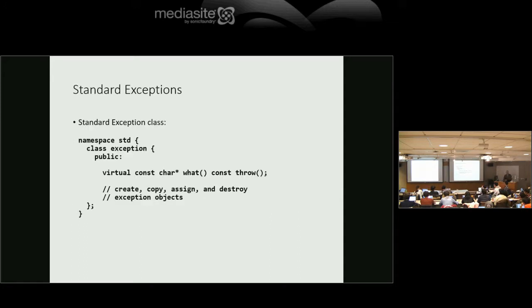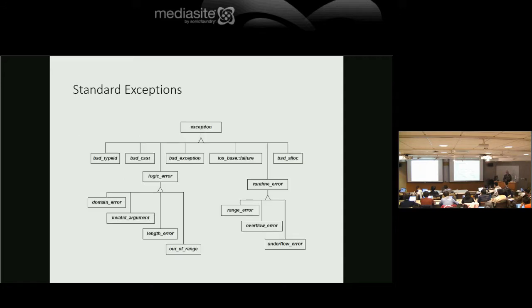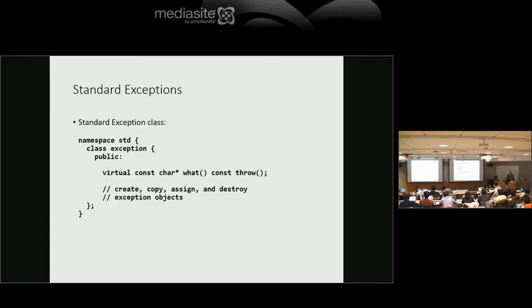Standard exceptions: there is a standard exception class, and the hierarchy looks like this. There's a lot of them. Notice that the base class has a what function that's not pure virtual, but it is virtual. It returns a literal string. In my exception constructor, I can supply a string, and what generates that string that I've supplied.